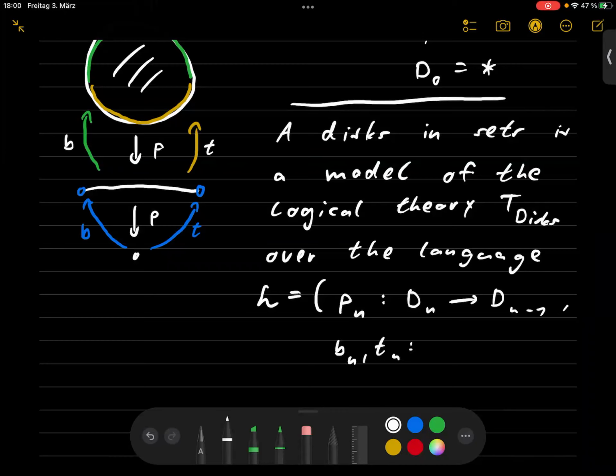Then we give us, for all n of course, bn, tn, and they go from, let's let them all be in, I can't decide where they should go, but maybe a plus minus 1 arrow, but it's not too important.